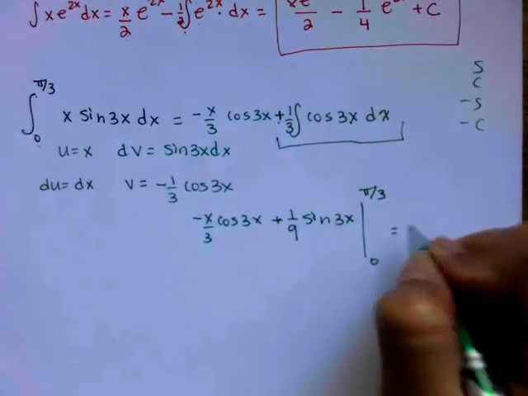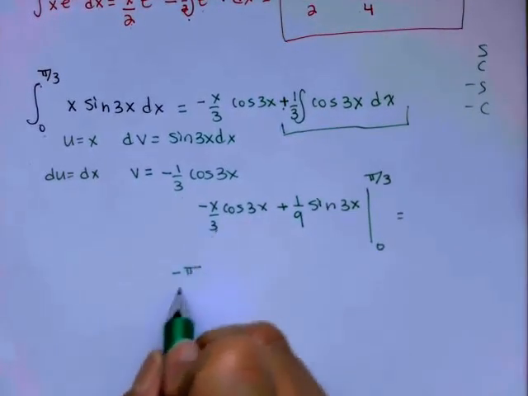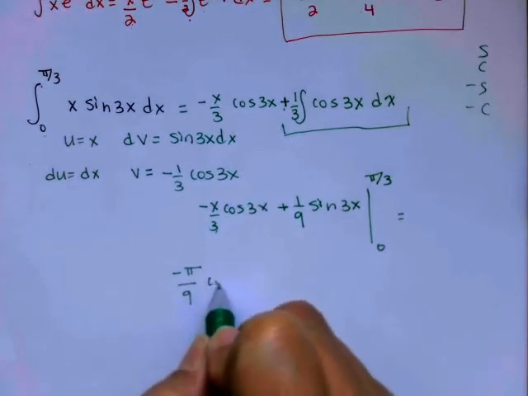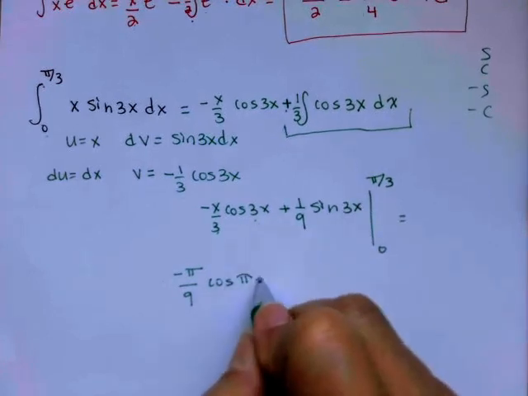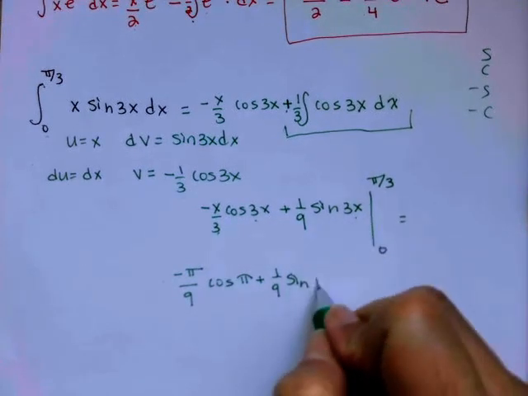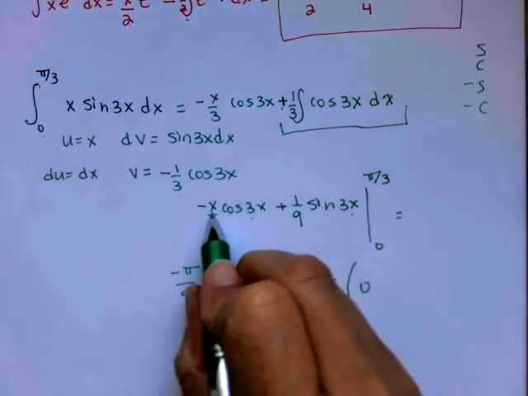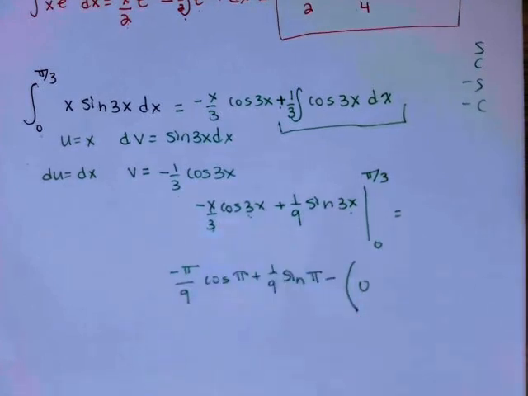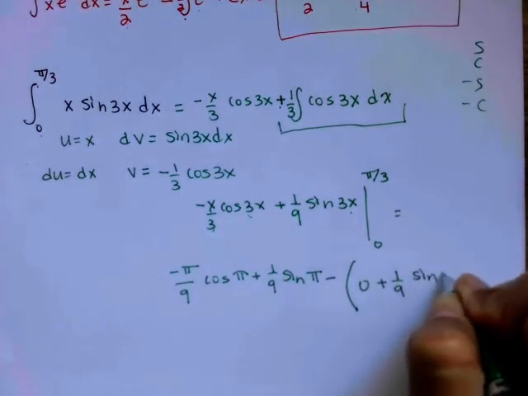And now we'll plug in. So I'll have negative pi thirds, and then that 3 in the bottom, so negative pi ninths, cosine of pi, plus 1/9 sine of pi minus 0. 0 goes here, so times the cosine doesn't matter, and then plus 1/9 times the sine of 0.